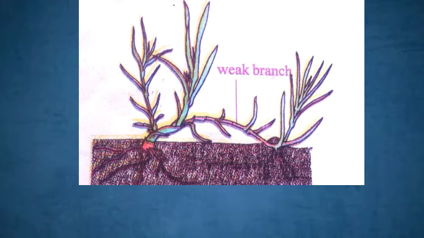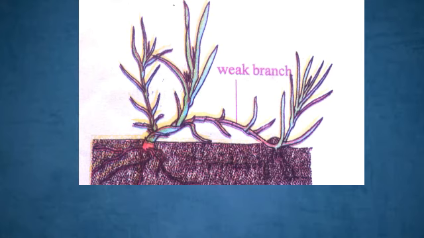The buried branch is then cut off from the parent plant, and it develops into a complete plant. Jasmine, as you have seen, is grown by this method. We always choose plants with a weak stem or weak branch for layering.